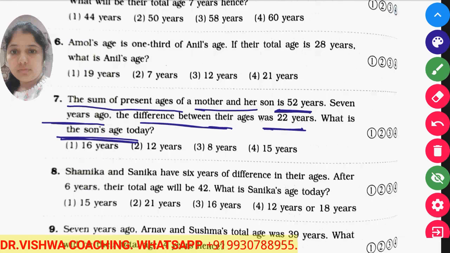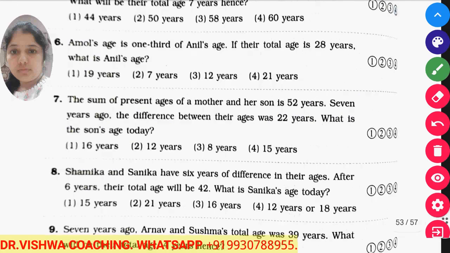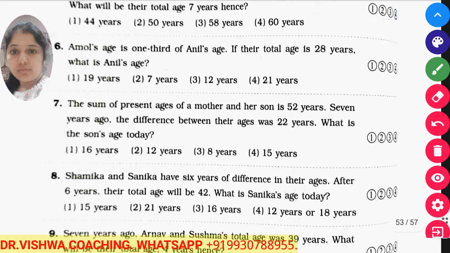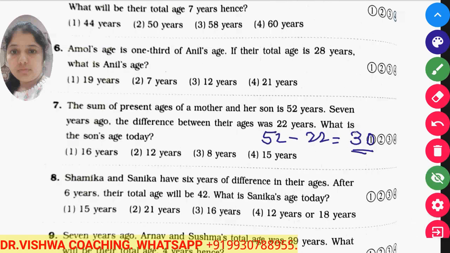Now see, whatever age difference is 7 years ago, that same age difference will remain at present because age difference never changes. Now there is a formula. Now if we subtract this 22 from this 52, you will get the answer as 30, which is the total age average, where we subtract the age difference.